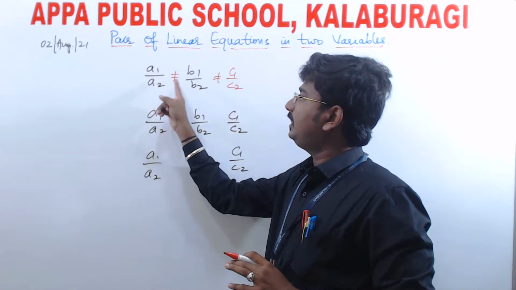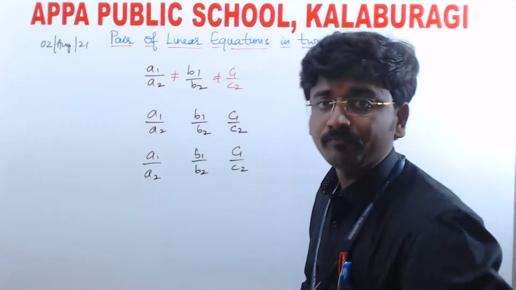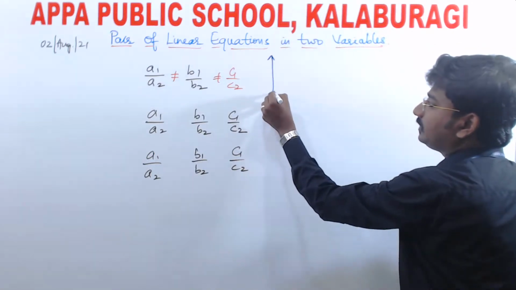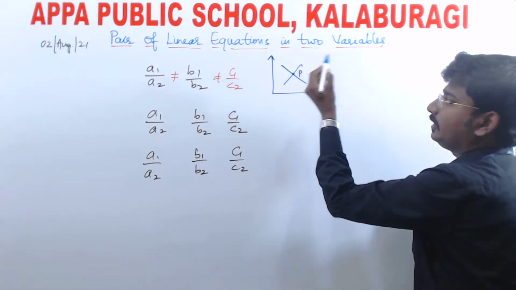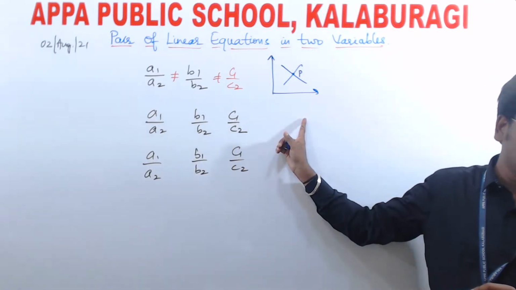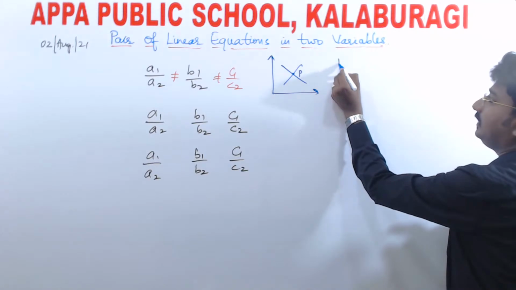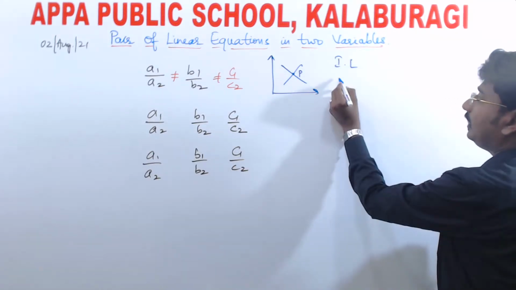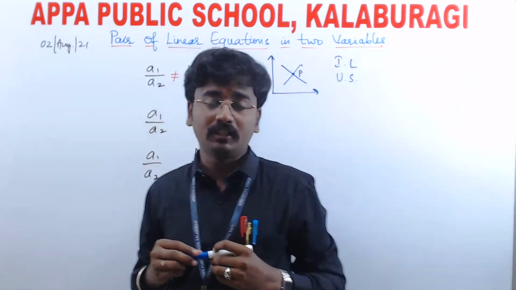So if A1 by A2 is not equal to B1 by B2, then I can say the system is consistent. And coming to the graph, the two lines intersect each other at one point P. We can say it as intersecting lines. You have a unique solution there.